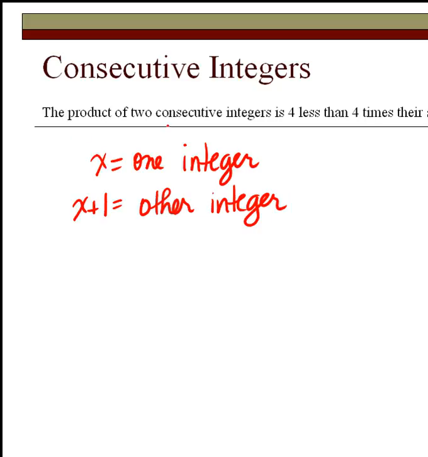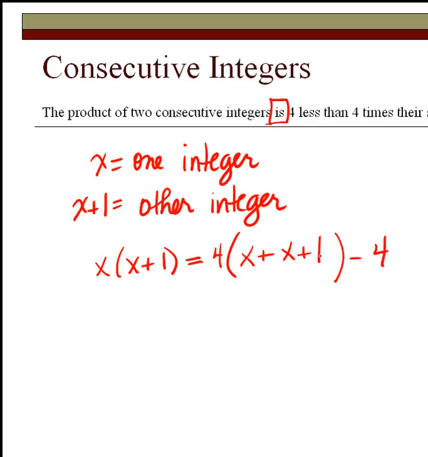We have the product of two consecutive integers is, so there's our equal sign. What comes before it is on the left side, what comes after is on the right. On the left side is the product of two consecutive integers, which is x times x plus 1. It is 4 less than, so that means to subtract 4 from something, 4 times their sum. So we have 4 times the sum of these integers, which is x plus x plus 1.